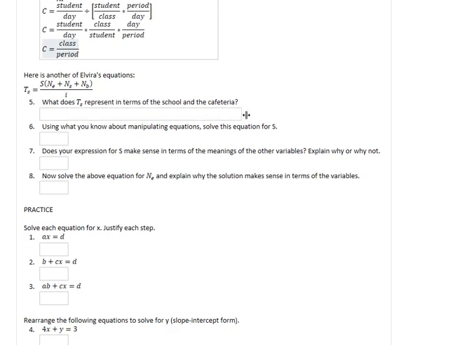Okay, we're going to do a similar kind of thing here. Here's our second equation. We have T sub S equals S times NE plus NS plus NB, divided by I. Now this is where Elvira gets a little bit clever, because she realizes a couple of very important things.